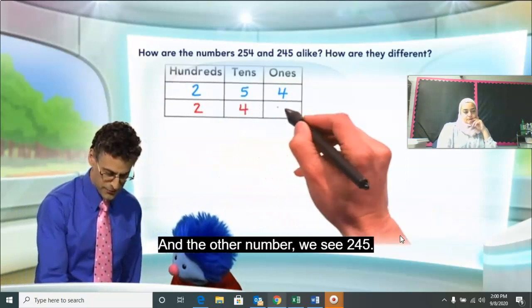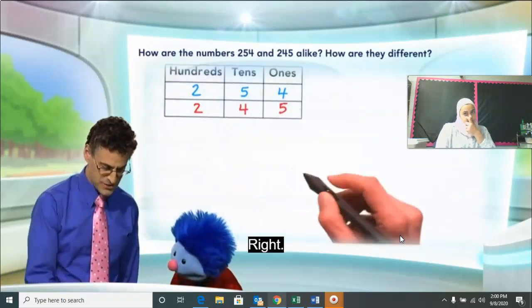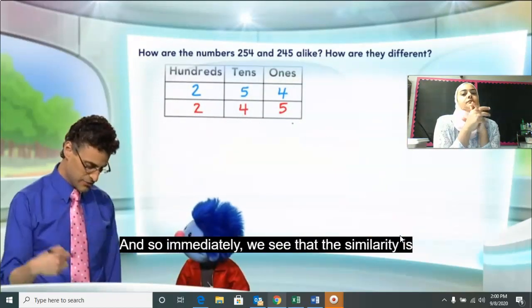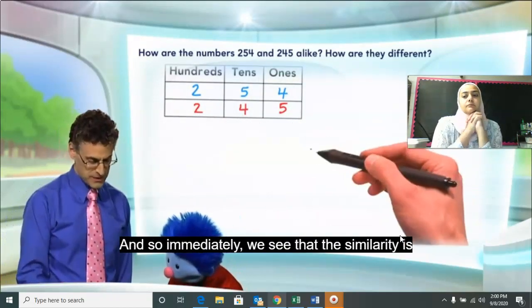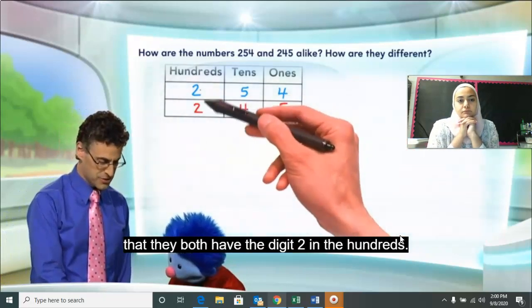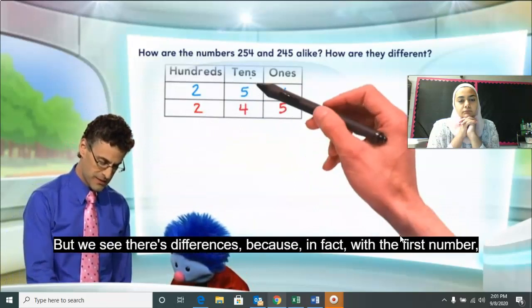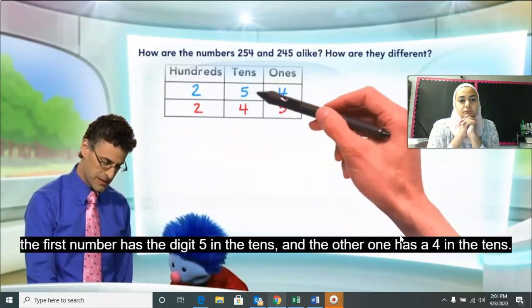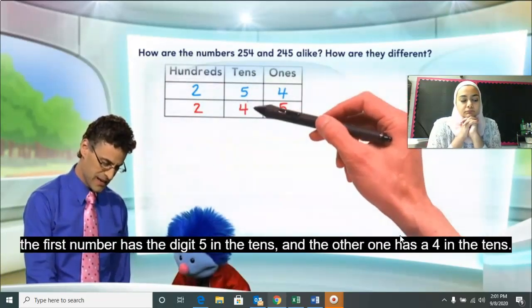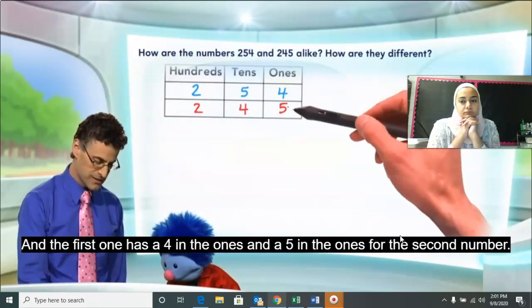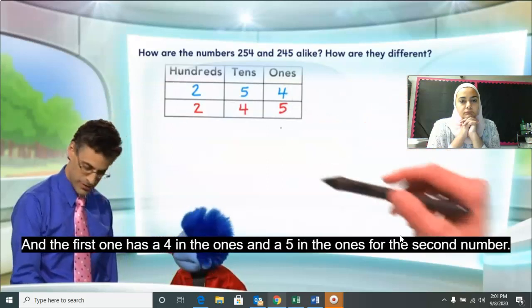Right. And so there we see 2 hundreds, 4 tens, and 5 ones. And so immediately we see that the similarity is that they both have the digit 2 in the hundreds. But we see there's differences because, in fact, the first number has the digit 5 in the tens, and the other one has a 4 in the tens, and the first one has a 4 in the ones and a 5 in the ones, the second number.